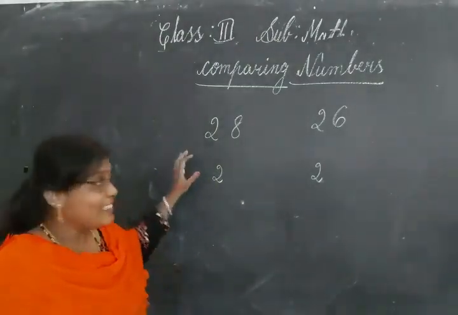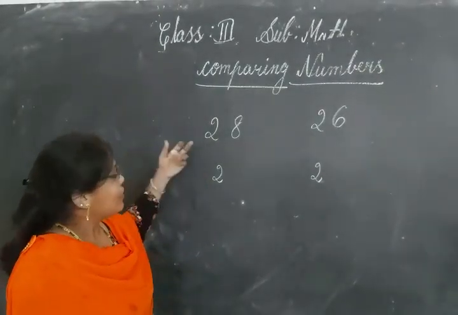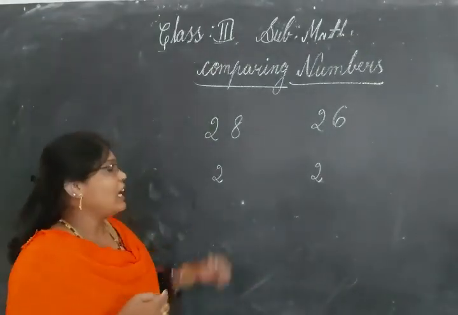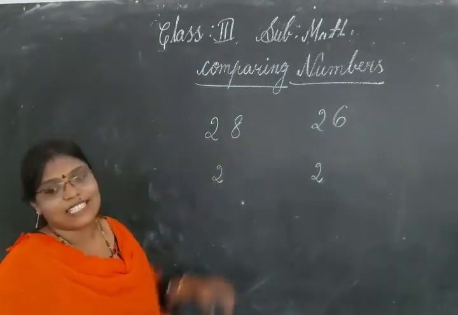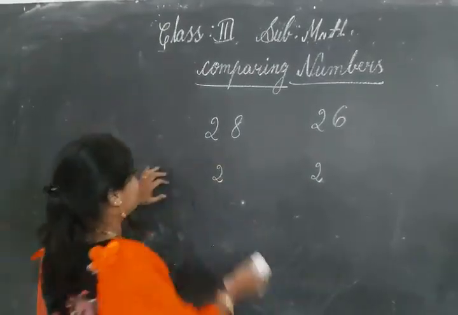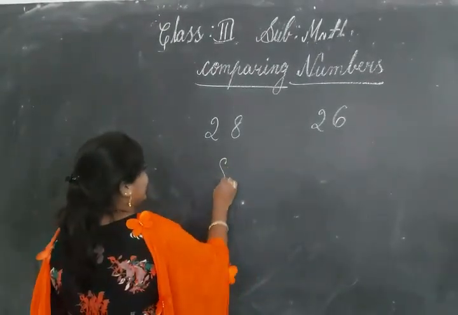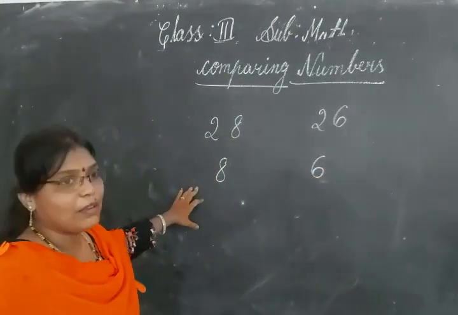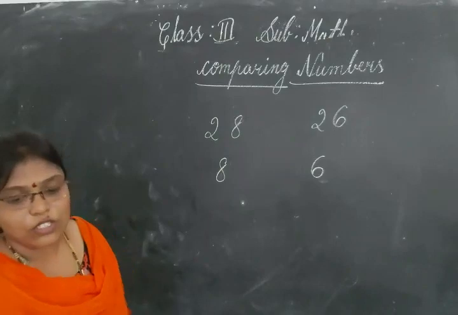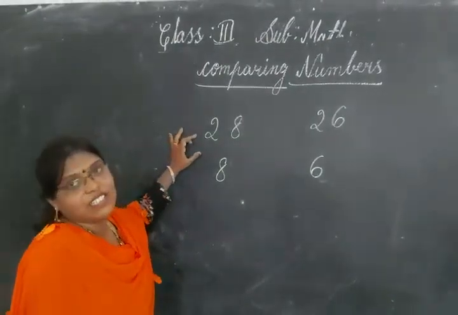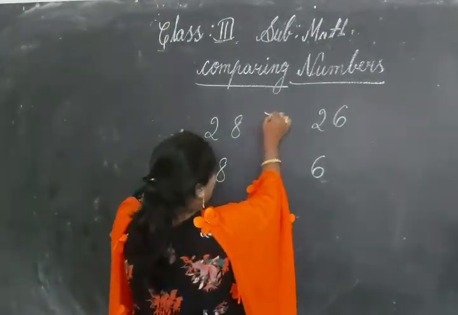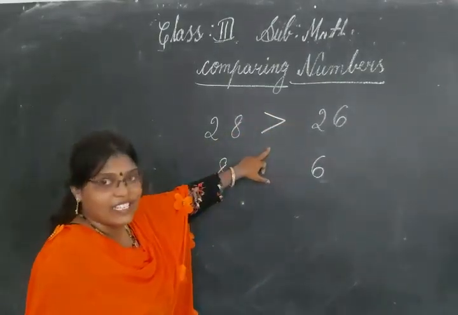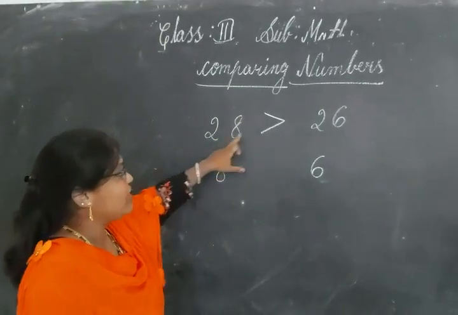No. In this case, if both the first digits of the numbers are equal, we should go to the next digit, that is the last digit. So what is the last digit here, children? It is 8 here and 6. Now what is the bigger number? 8. So here 28 is the bigger number. So show opening towards 28. The symbol is greater than. 28 is greater than 26.